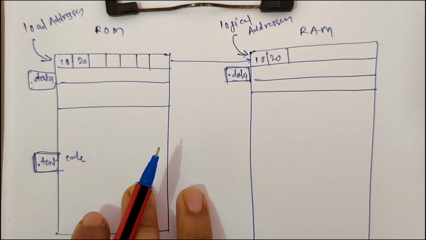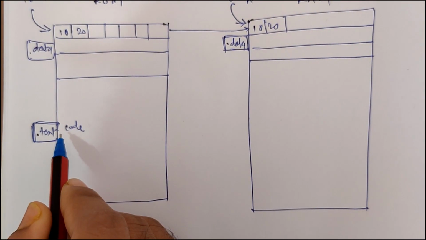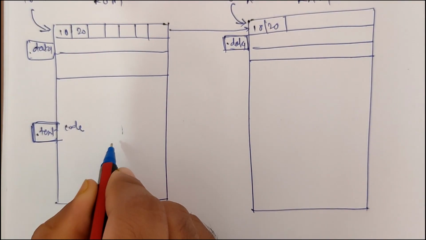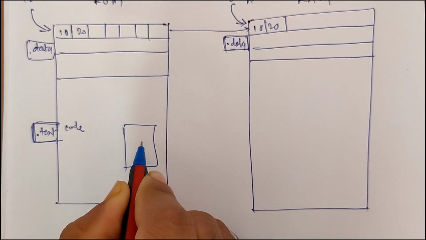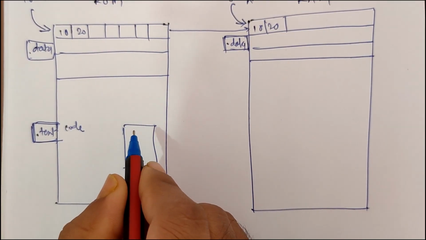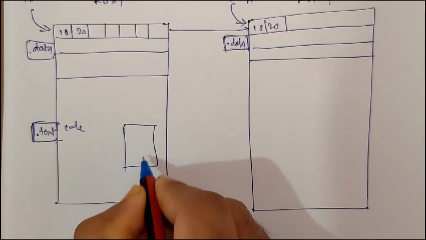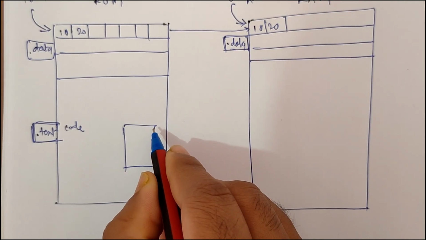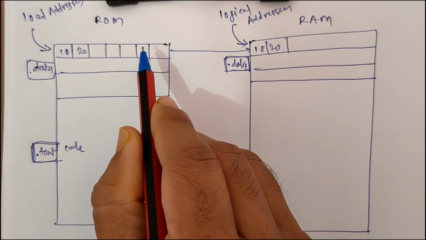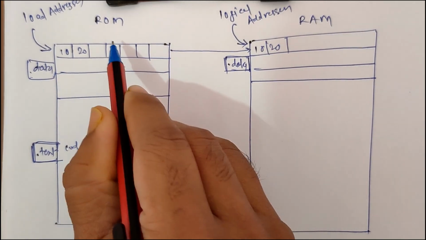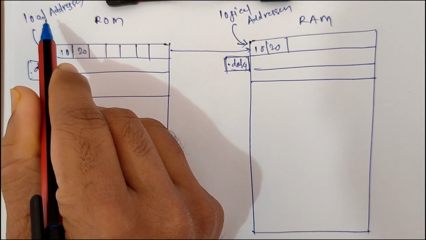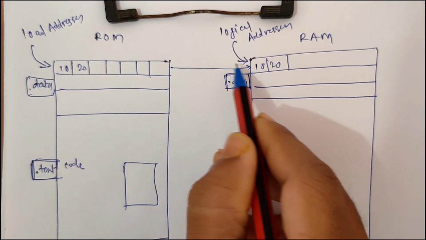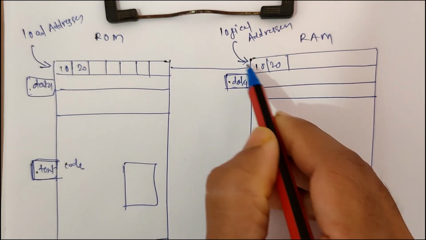How is it done? In the ROM section you can see we have the text section where the code is saved. In that part there is some code, the initialization code, which takes the data section from the load addresses and loads or transfers it into the logical addresses.